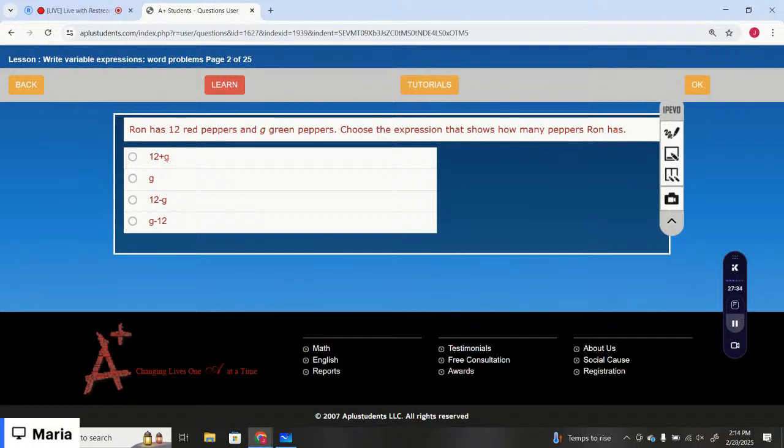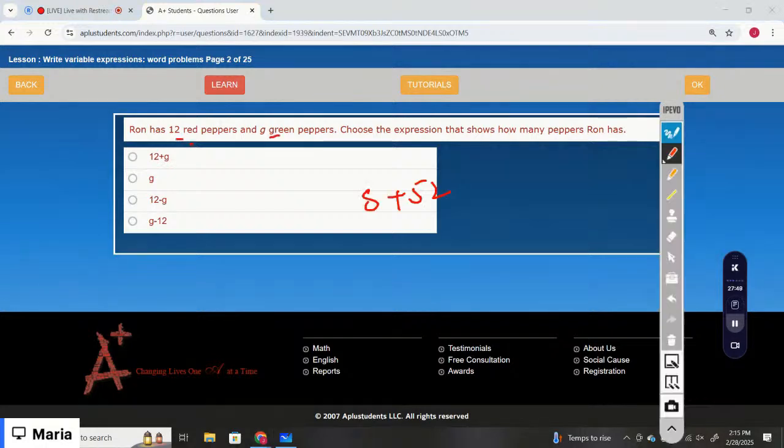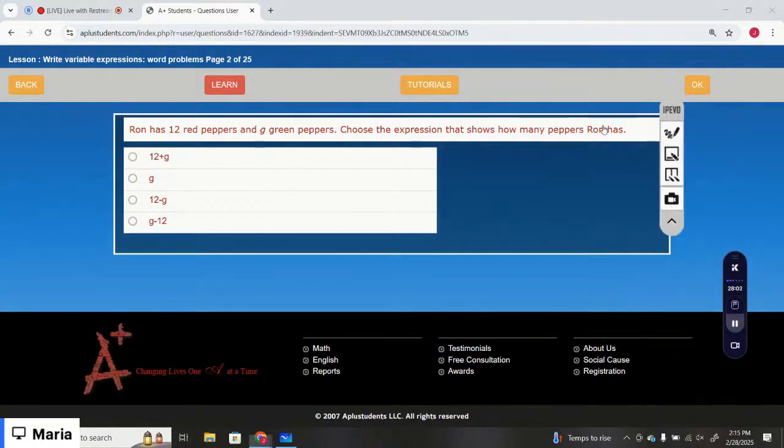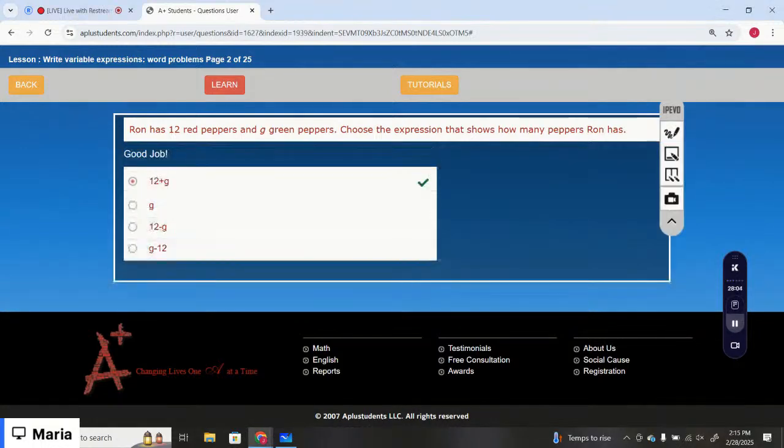Ron has 12 red peppers and g green peppers. Choose the expression that shows how many peppers Ron has. So 12 red peppers and g green peppers. So that means he has 12 plus g. Option number 1 is the correct option.